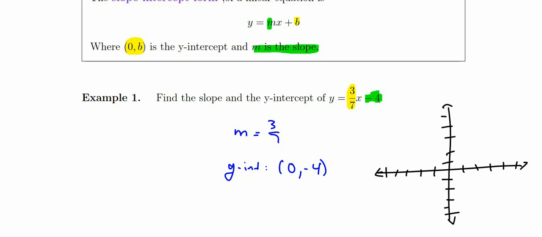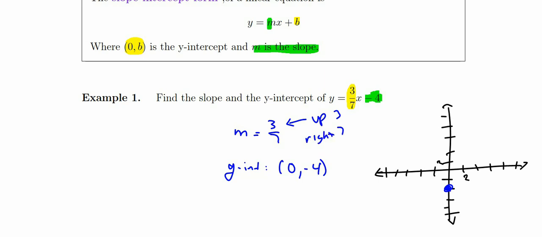Because I sketched this out kind of slow, I'm going to count by 2s on both my axes here. Now, I start off, and I know one of the points is (0, -4), and that would be right here. And then my slope tells me I'm going to go up 3 and to the right 7.